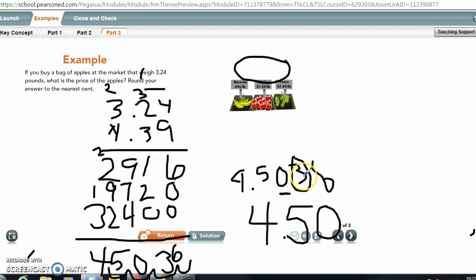Now, if we add 5, 6, 7, or 8 here, or 9, this would become a 1. But it's $4.50. So if I'm going to the grocery store and I have 3.24 pounds of apples and they're $1.39 per pound, you're going to pay $4.50 for the apples that are in your bag. Go ahead and put this in your notes with all the work, please.